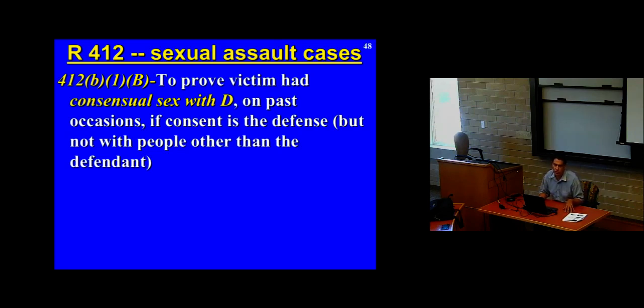This is often criticized as a boyfriend or former husband defense, where it shouldn't be that the boyfriend or former husband gets to sexually assault a victim because of their past relationship. Just because they said yes in the past doesn't mean yes forever.